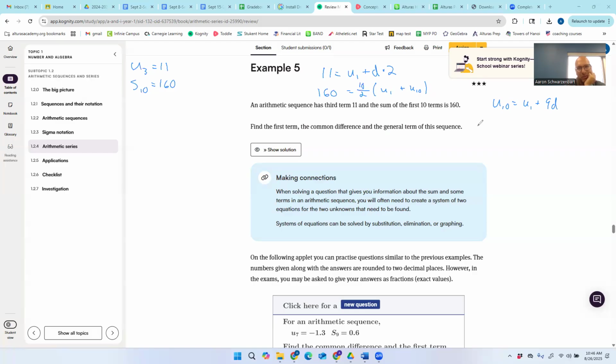Again, when I plug in, I've got 160 equals 5 times U1 plus U1 plus 9D. First term, common difference. 160 divided by 5, I think is 32. Yeah, that's right.